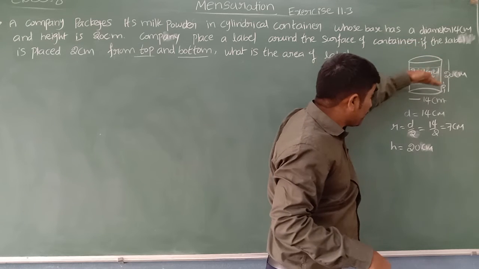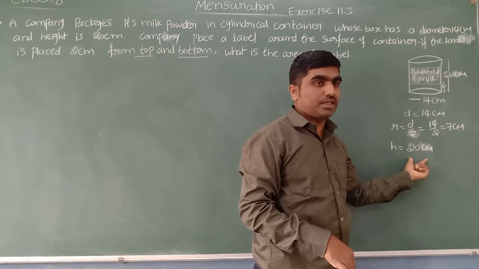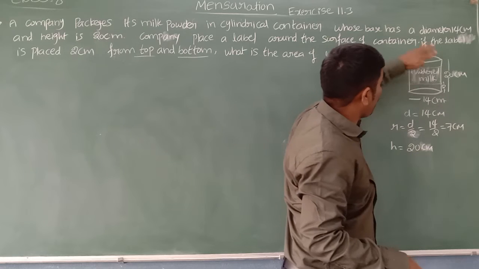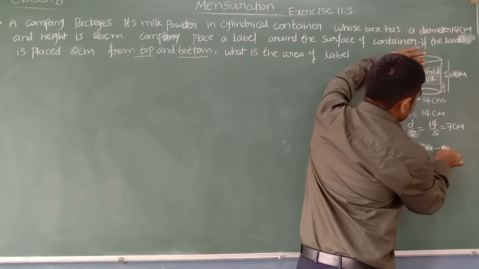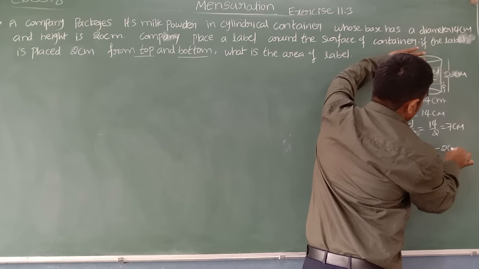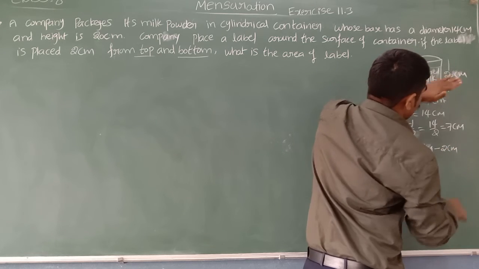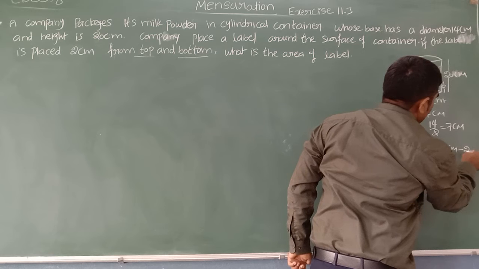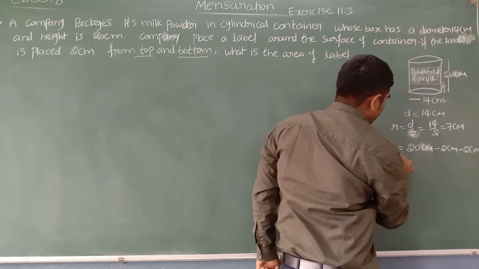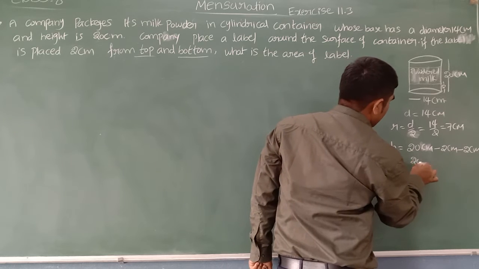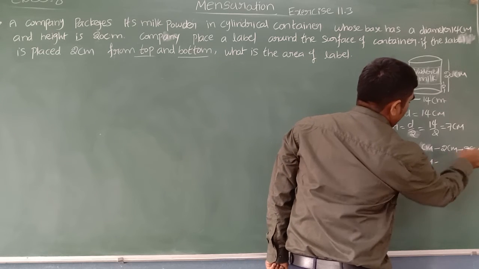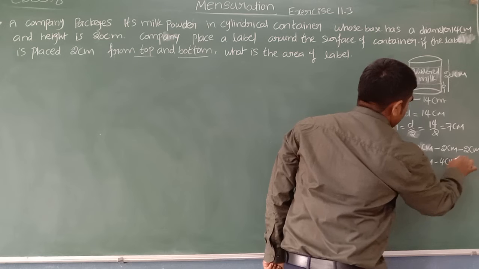The total height from top to bottom is 20 centimeters. From that 20, they said the top 2 centimeters is not labeled, so remove the top 2. And the bottom 2 centimeters is also not labeled, so remove that bottom 2 also. So height is equal to what now? 20 centimeters minus 2 minus 2, we can write minus 4 centimeters.